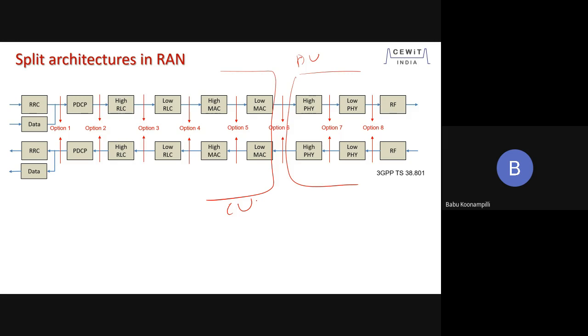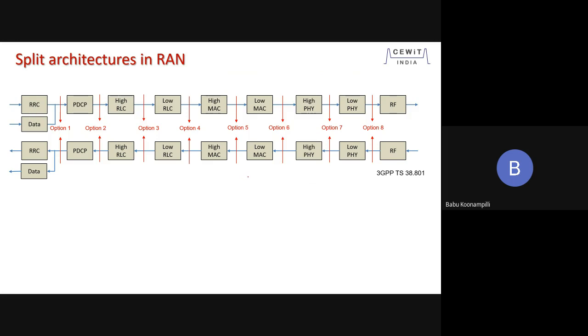So a lot of discussion happened at various meetings. I would also say that there are other forums where this discussion happened, in the Small Cell Forum and in the Open RAN forums. So there are other discussions which perhaps influenced what 3GPP was looking at.